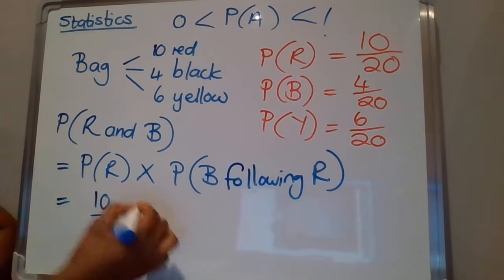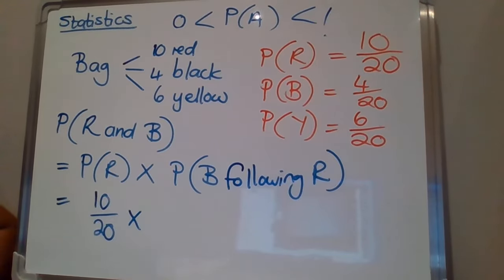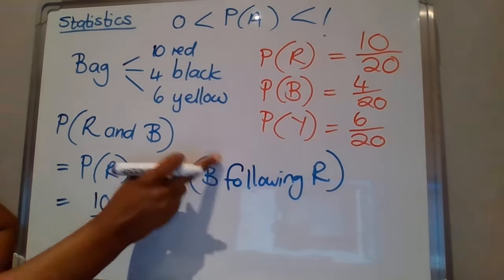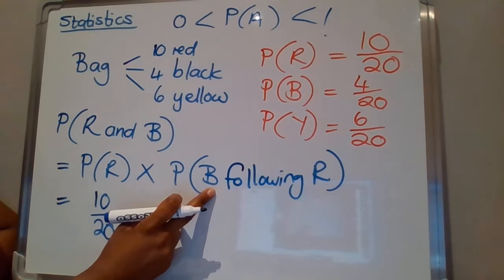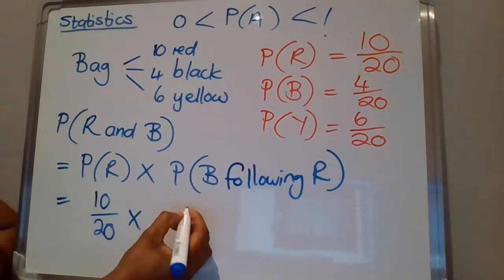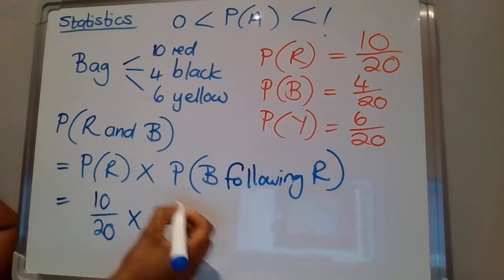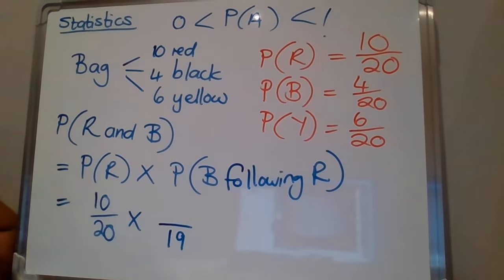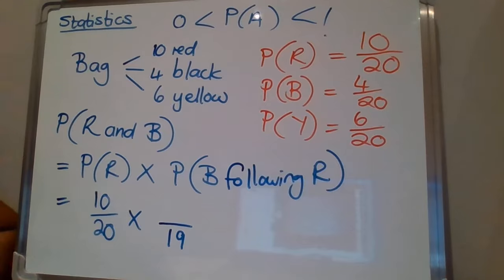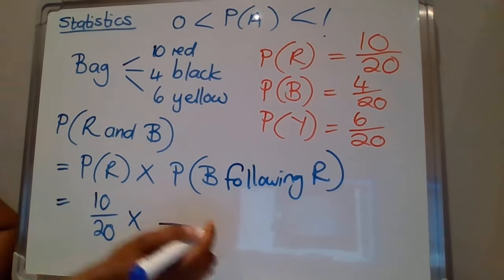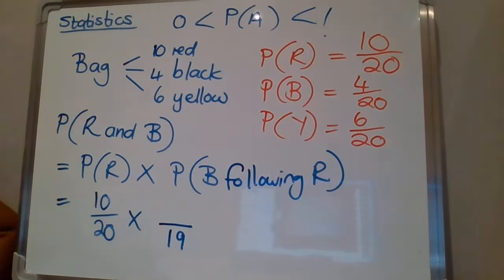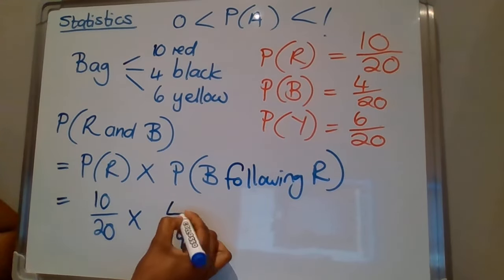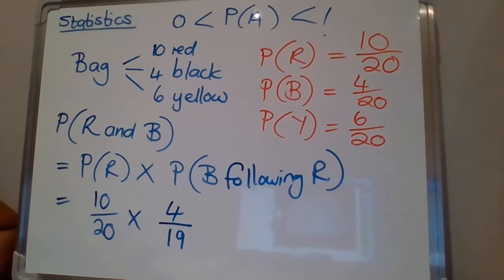But by me taking out that ball, it's no longer in the bag. By the time when I go and pick my second ball, how many balls are left? How many? Because I took out one, right? So I'm left with 19 balls, isn't it? Okay. And then out of that 19, how many then can I say is black? So it will be 4 out of 19.